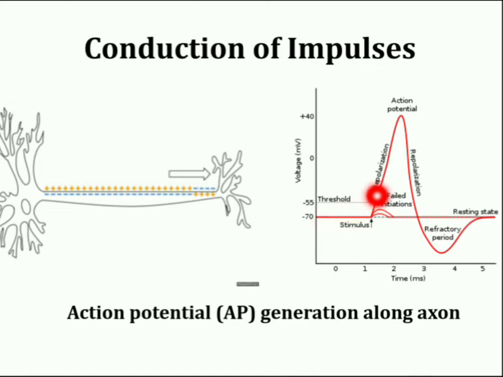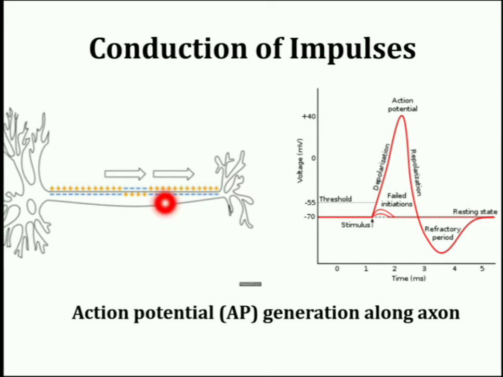Next step is repolarization, in which the potassium channels open and potassium moves out of the axon. This creates a change in polarity between the outside of the cell and the inside. Thus the nerve impulse travels down the axon in one direction only. The nerve impulse travels down the axon towards the axon terminal where it signals other neurons.